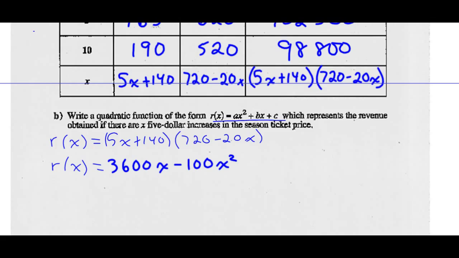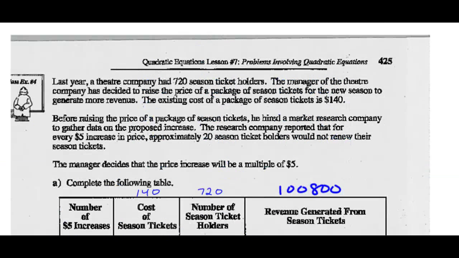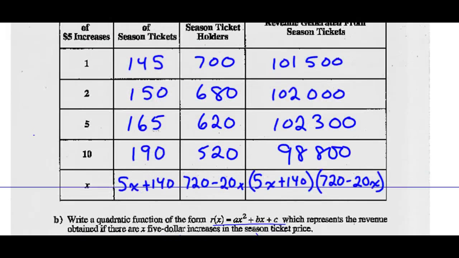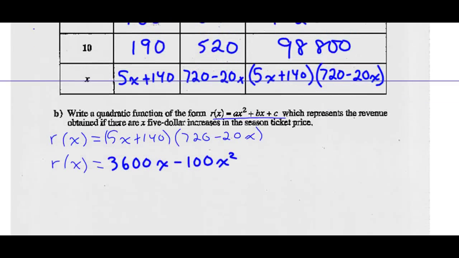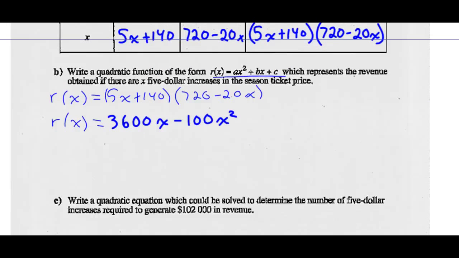Then 140 times 720, we've done that one already. 140 times 720 was that original up there, 100,800. So plus 100,800. And then 140 times negative 20 is a negative 2,800x.